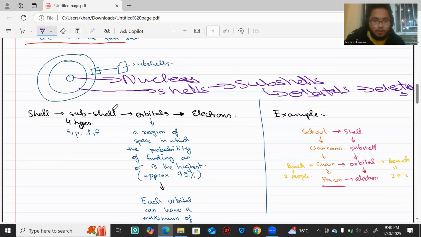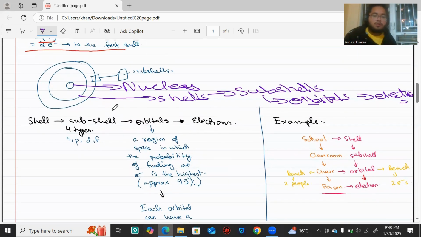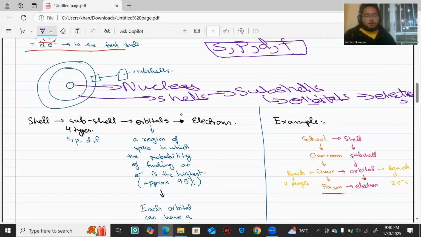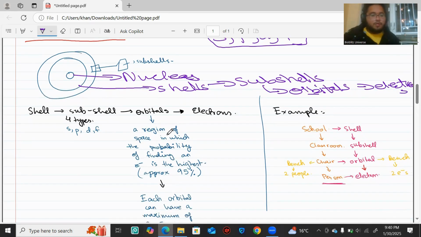Now there are four types of orbitals: s, p, d and f. But what is an orbital?